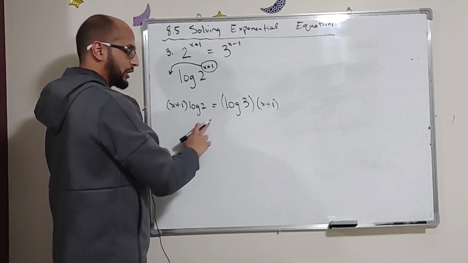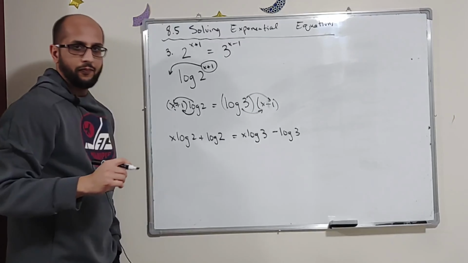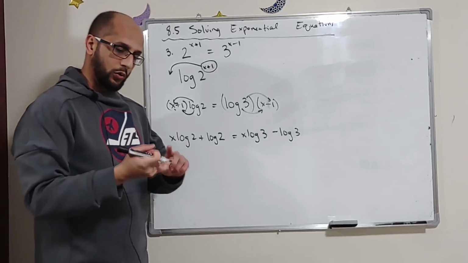So let's expand both sides. So we would have x log 2, right? Because log 2 times x, then log 2 times 1 plus log 2 is equal to, here we'll have x log 3 minus log 3. This times x and then this times negative 1. Now again, it looks complicated, but remember your process. You want to isolate x.